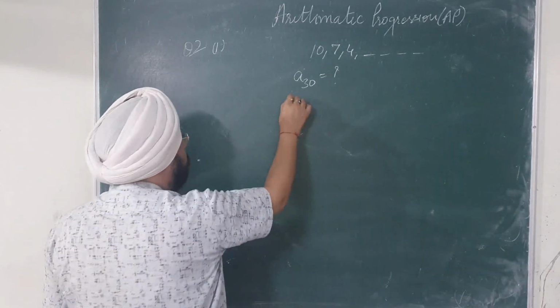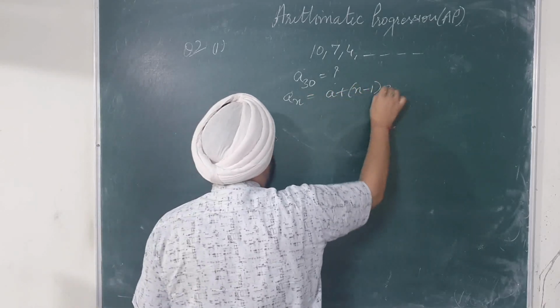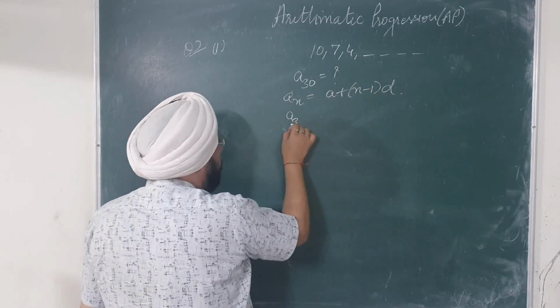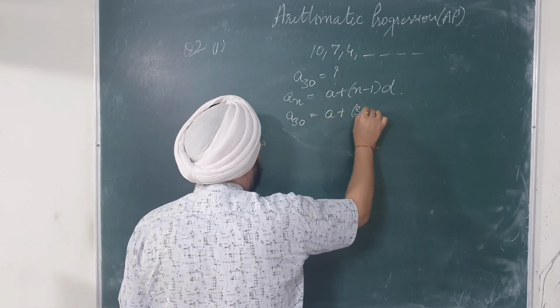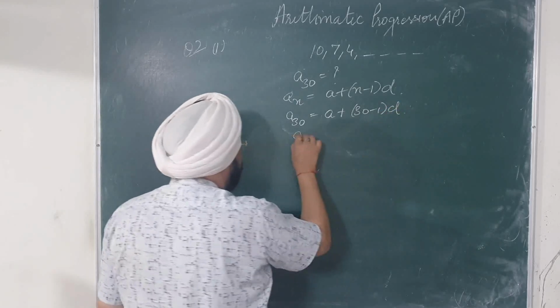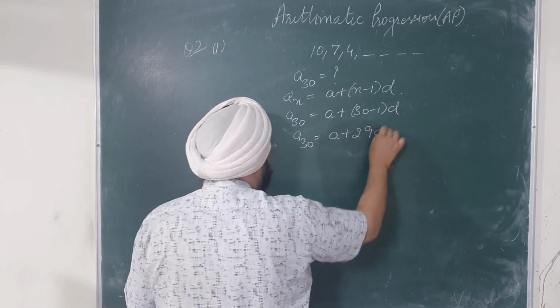According to the formula, an is equal to a plus (n minus 1) into d. Put n equals 30, we get a plus (30 minus 1) into d, so a30 is equal to a plus 29d.